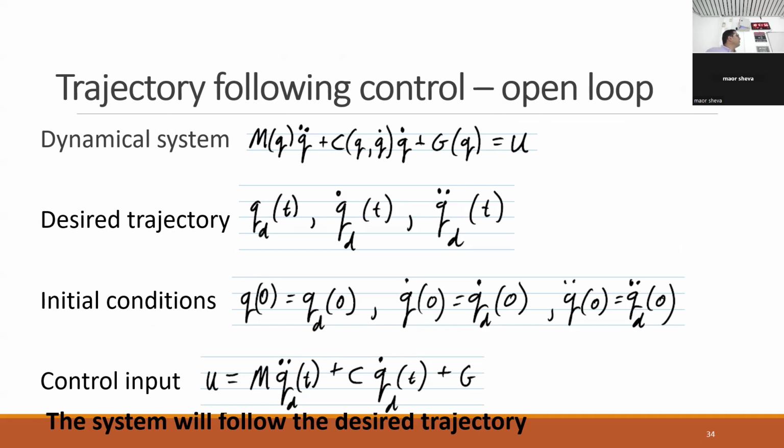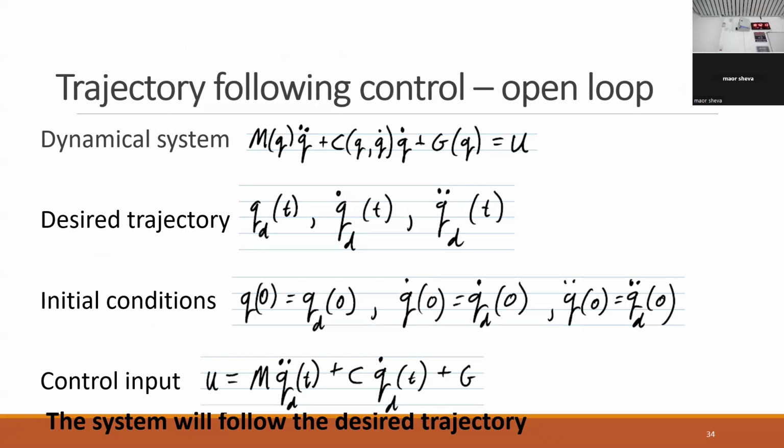Now we want to get into control. So I have a dynamical system and I want it to follow a desired path, a desired trajectory.